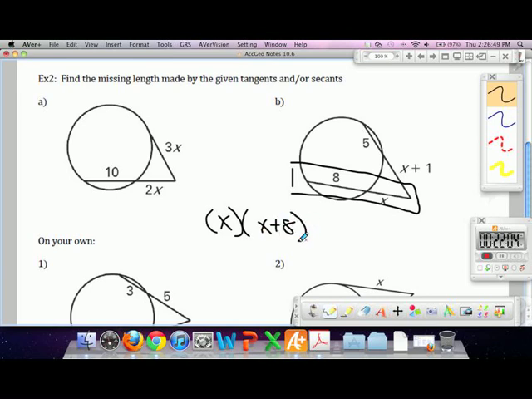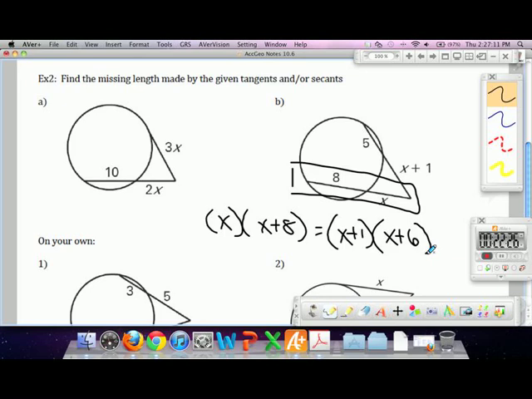The whole segment is x plus 8. And that should be equal to my external segment, x plus 1, times the whole segment. What's x plus 1 plus 5? X plus 6. These two things should be equal.